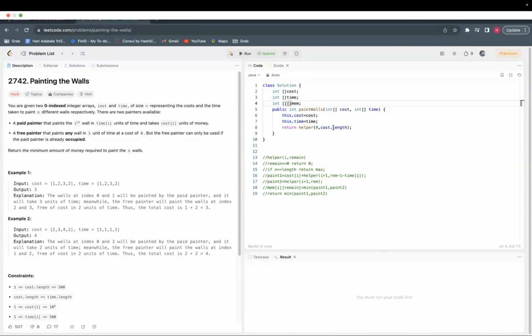It's a 2D array. Then this dot mem will be equal to new int of this cost dot length and cost dot length plus 1.